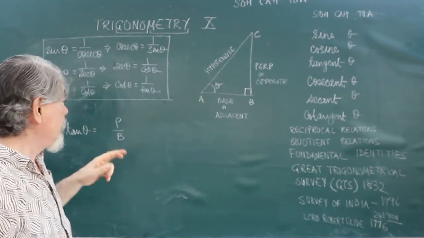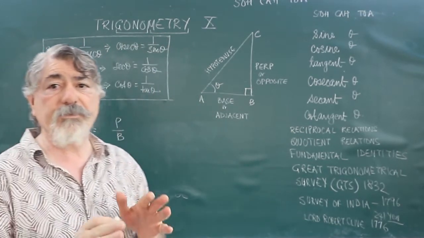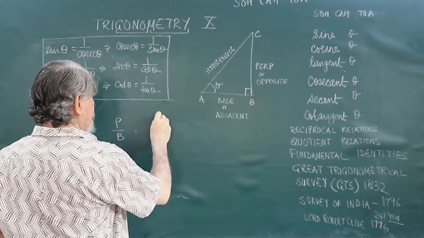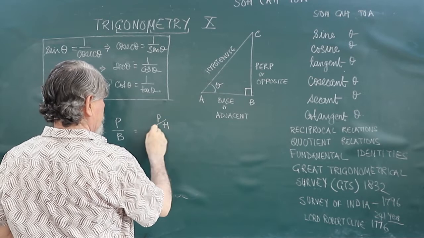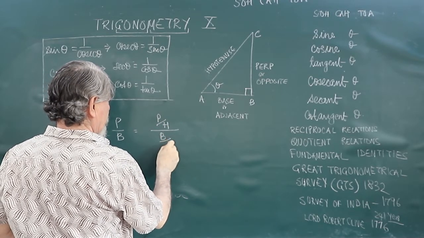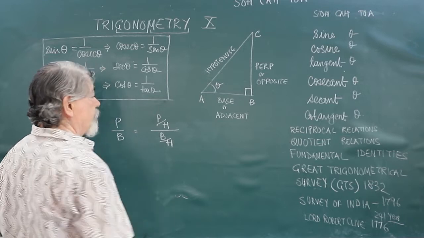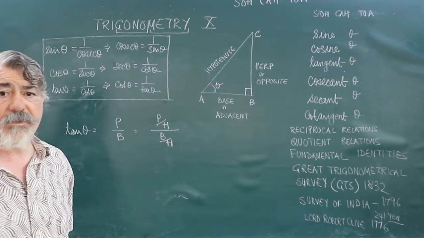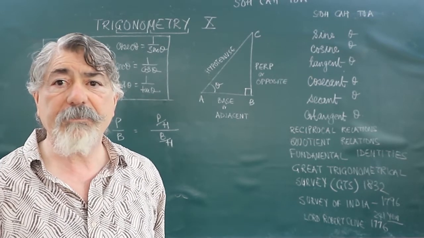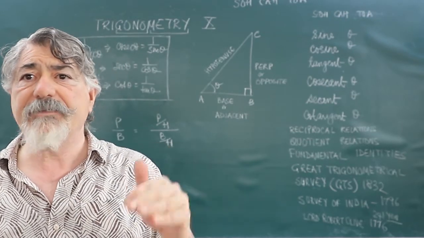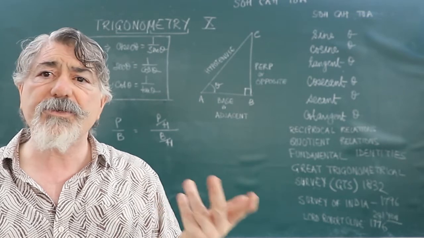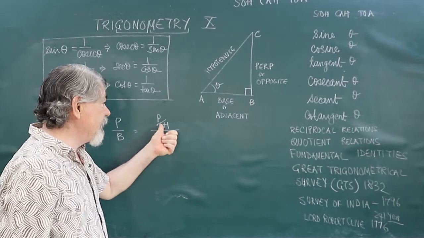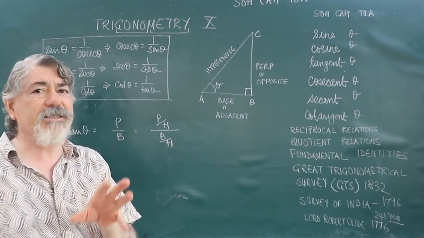So perpendicular upon base. Let us divide both numerator and denominator by hypotenuse. It will become perpendicular upon hypotenuse over base upon hypotenuse. I have divided both by hypotenuse, so it's not going to change anything, because numerator as well as denominator is divided by the same thing.